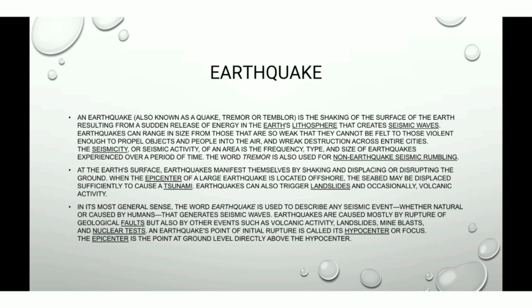At the Earth's surface, earthquakes manifest themselves by shaking and displacing or disrupting the ground. When the epicenter of a large earthquake is located offshore, the seabed may be displaced sufficiently to cause a tsunami. Earthquakes can also trigger landslides and occasionally volcanic activity.